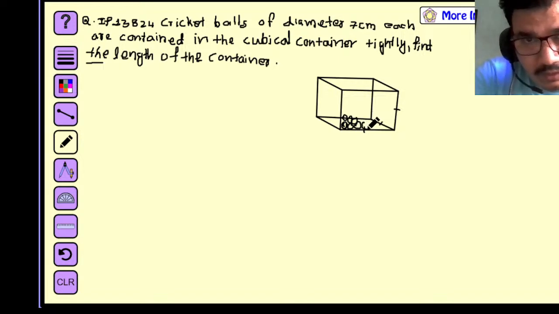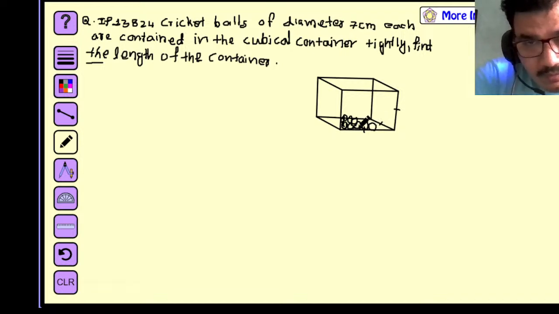Okay, and these balls are kept so tightly so that there will be no gap. There is no gap between two cricket balls. They are kept so tightly that we cannot see any gap.